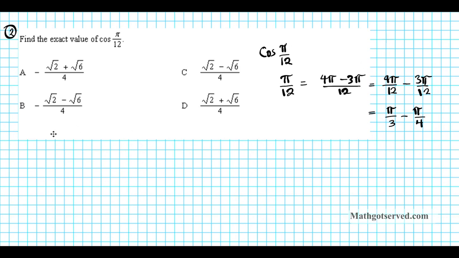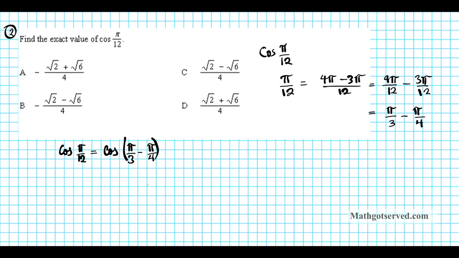So we know what we are doing now. We have cosine pi over 12 is equal to cosine of pi over 3 minus pi over 4. Okay? All right. Now, we're going to determine what identity we're going to be using here.